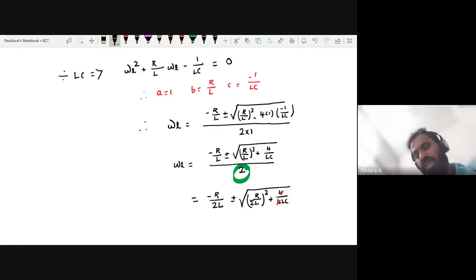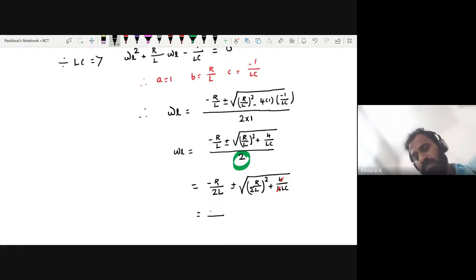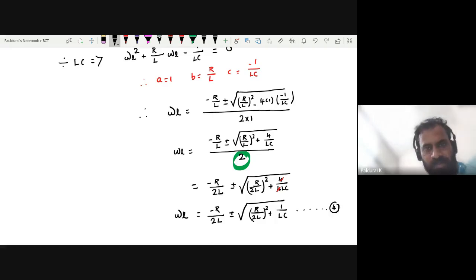So the above equation becomes minus R divided by 2L plus or minus square root of R by 2L the whole square plus 1 by LC. This is my omega L. Take this as equation number 4. This is the way to calculate omega L by using the quadratic equation.